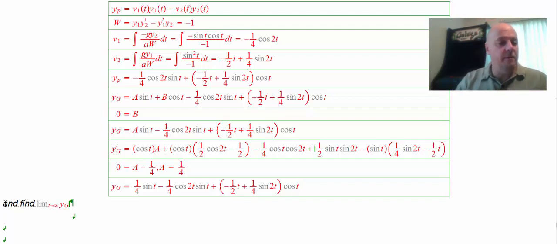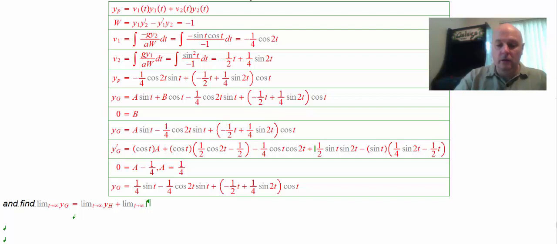And that makes me want to think about then, so this is our final point here. We're talking about the limit as t goes to infinity of the general solution. Can we make any proclamations about that? Well, we do know that in general, when I take the limit as t goes to infinity of the general solution, that's just the limit as t goes to infinity of the homogeneous solution plus the limit of the particular solution.